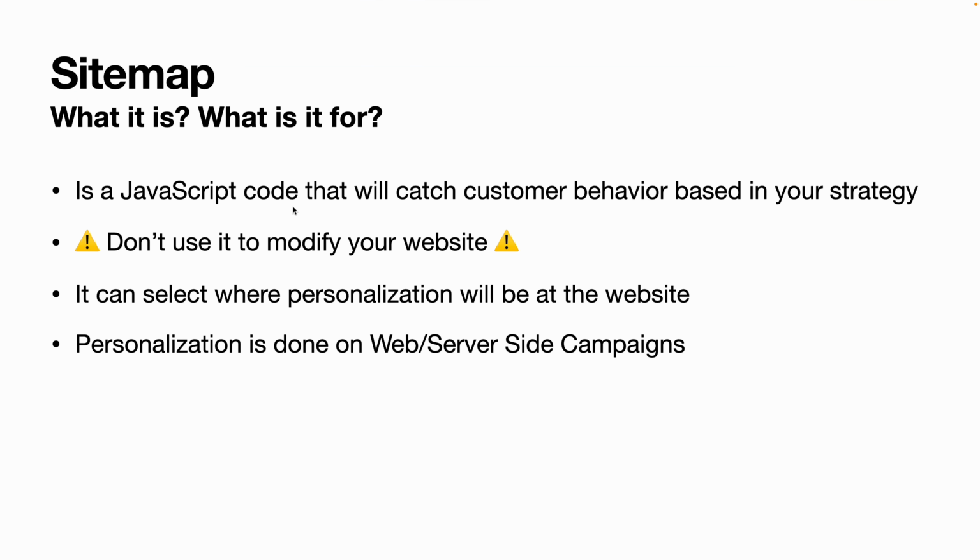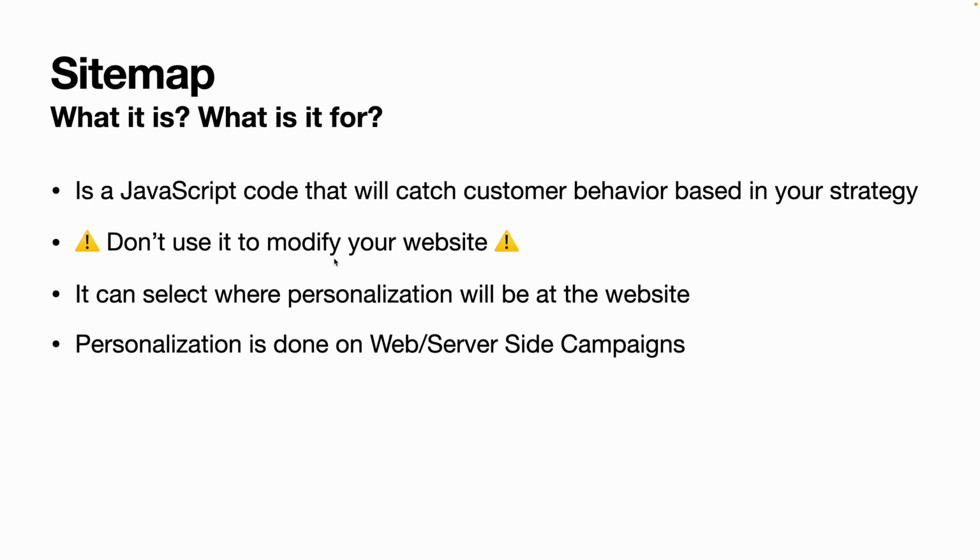Let's do a summary of what site mapping is and what you use it for. It's JavaScript that is going to catch the behavior of your customers on your website. It's only for websites, and you have the power of using it for modification, but never do it. Don't use this JavaScript code to modify your website.